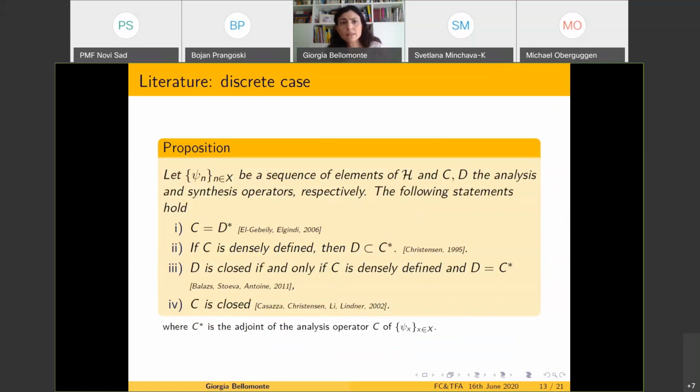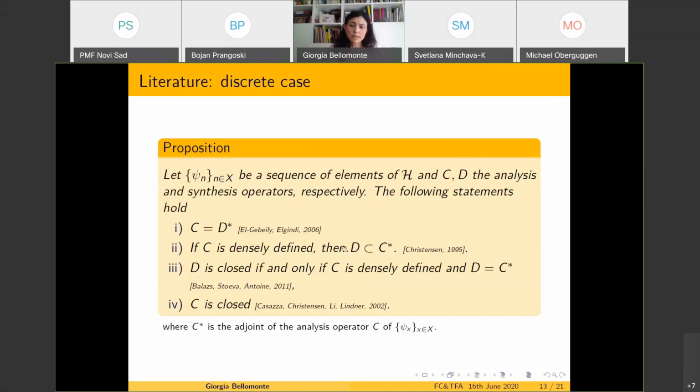And you know that in the literature, in the discrete case, if we have a sequence of elements in H, then C is equal to the adjoint of D. If C is densely defined, then D is extended by the adjoint of C. D is closed if and only if C is densely defined and D is equal to the adjoint of C, and C is closed.